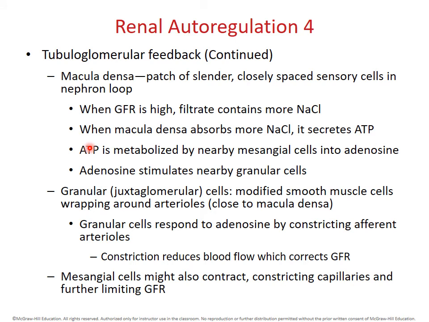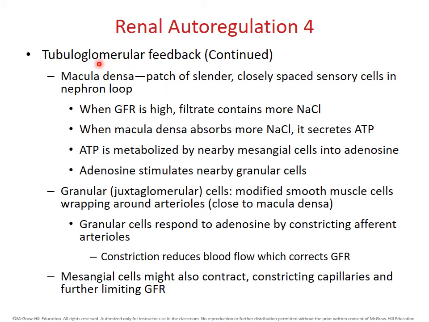That ATP is then going to be picked up by a nearby set of cells called mesangial cells. What are mesangial cells? Well, mesangial cells are a separate mass of cells that are located in the space between the afferent arteriole and the distal convoluted tubule.